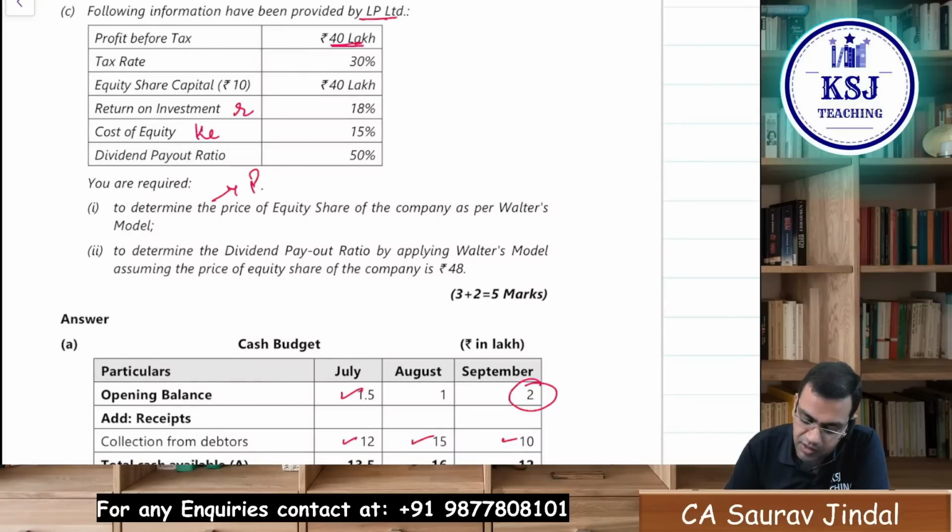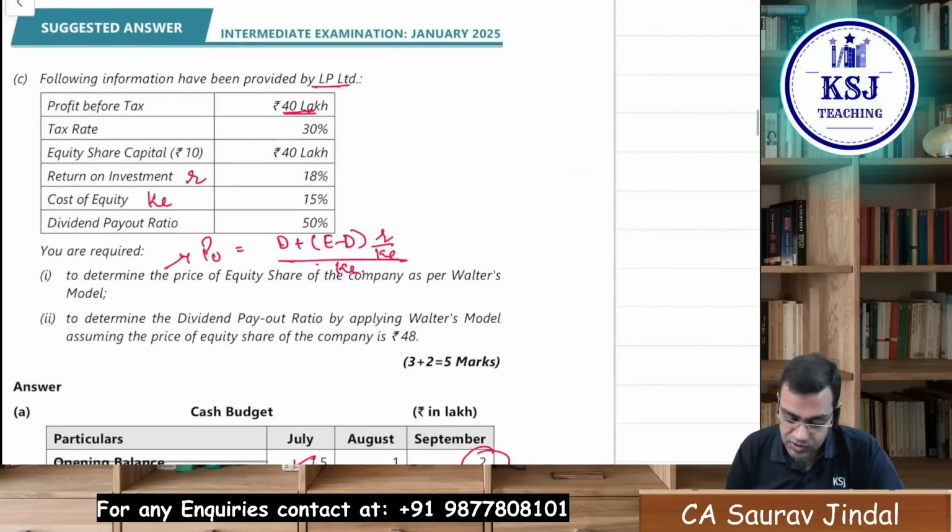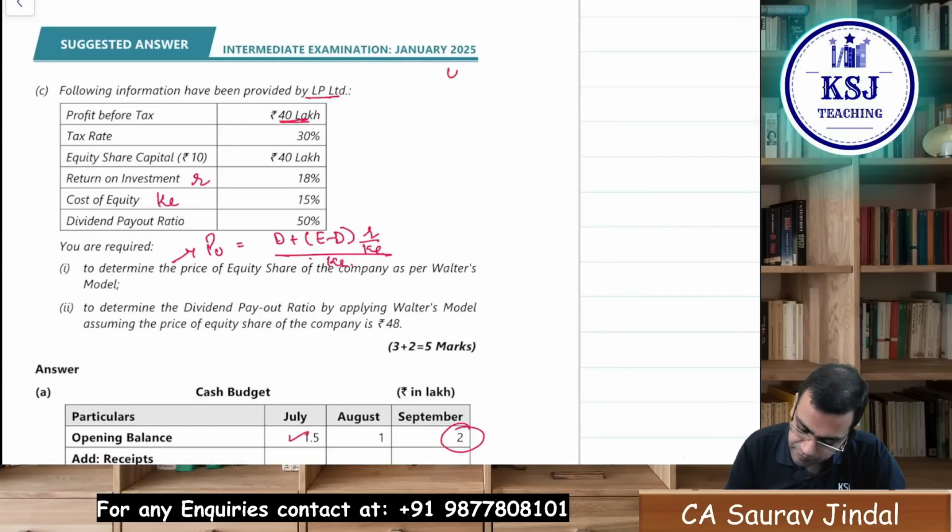So what is the formula for Walters model? That is dividend plus E minus D into R by KE whole divided by KE. All the information you are having. How will you calculate D and E? Sir, 40 lakh. On this 40 lakh, you will pay tax 30%. So 40 lakhs into 30%, that comes to 12 lakh rupees.